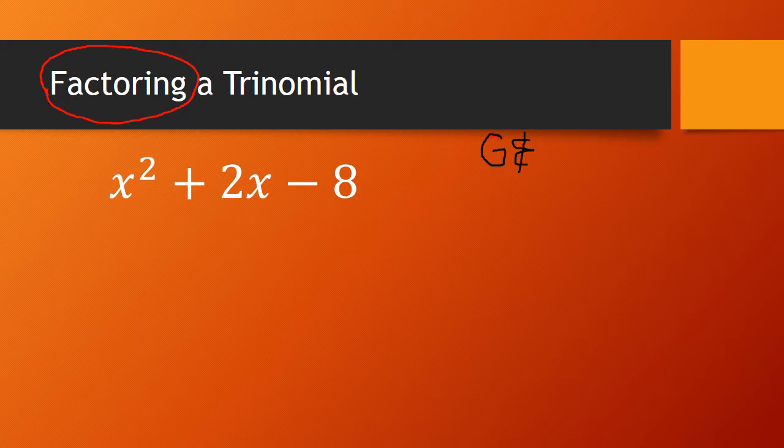I know that I'm not going to be able to use the difference of perfect squares. That's why my next choice is guess and check to be able to factor this trinomial. I learned that negative 8 is the product of the two numbers in the binomials, and 2 is the sum of the numbers in the binomials.